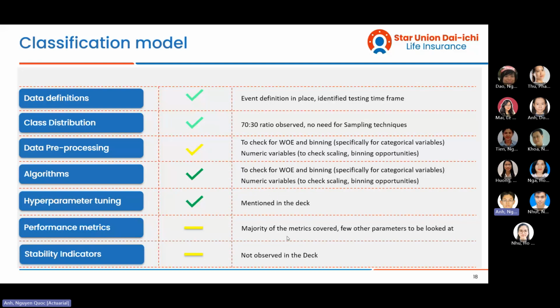Again, transformations in terms of normalizing, and in terms of categorizing those variables to a certain extent, have been done. We can look again in detail at what can be done for those specific variables we were discussing.